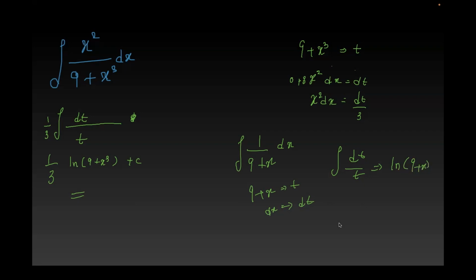So basically, if you have a linear function like dx by 12 plus x, or dx by some constant plus x, what you can basically do is write ln of that function. Next one: if it is 2x, 3x, or 4x, then you have to use the substitution method. Clear?